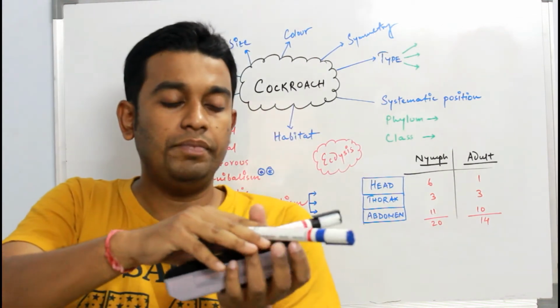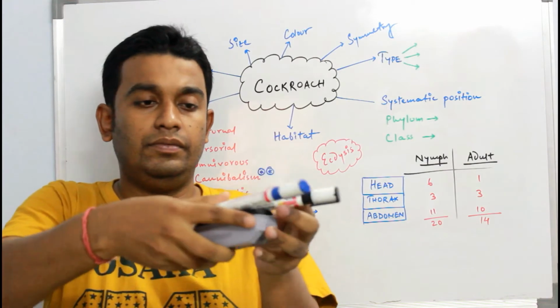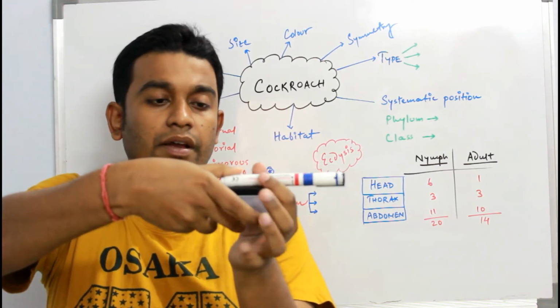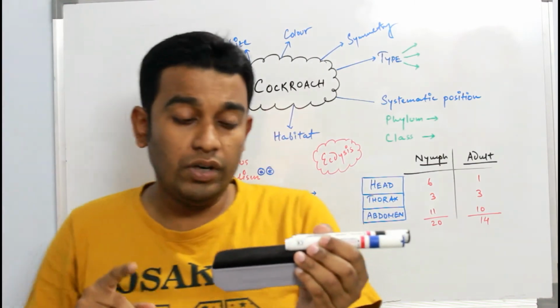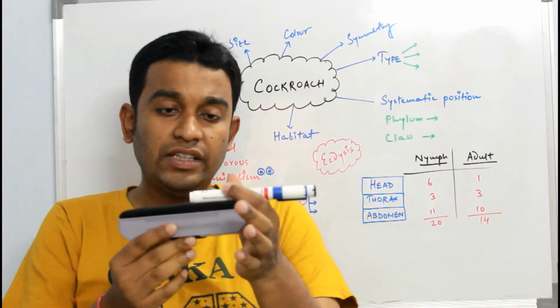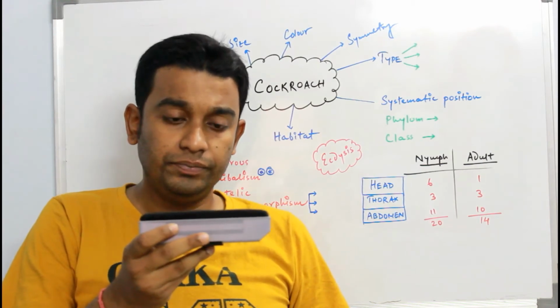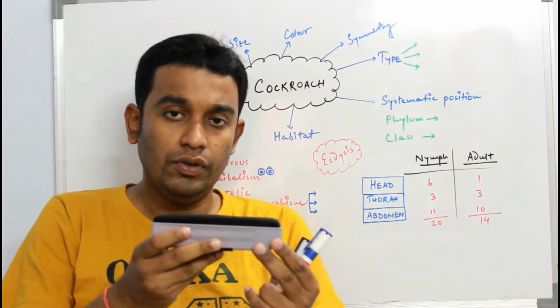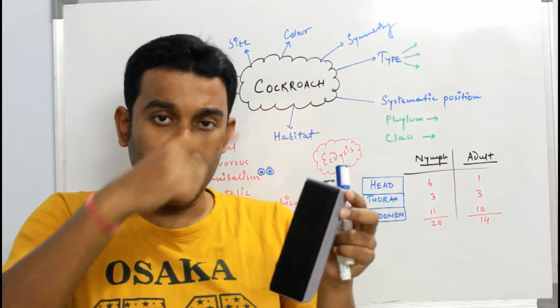So this is how it appears, like this, right? Now in case of shape, try to understand. Now let's take the antenna off. If you observe the cockroach from the top, you will see it will be oval in shape.